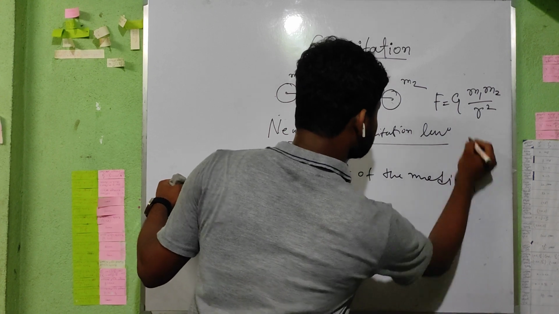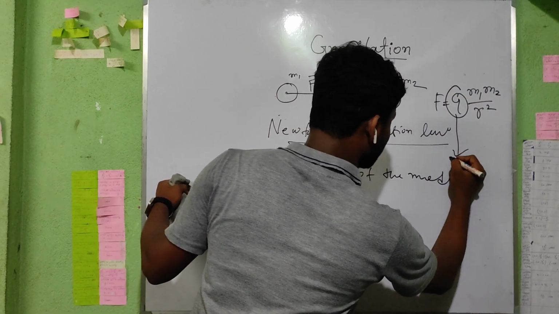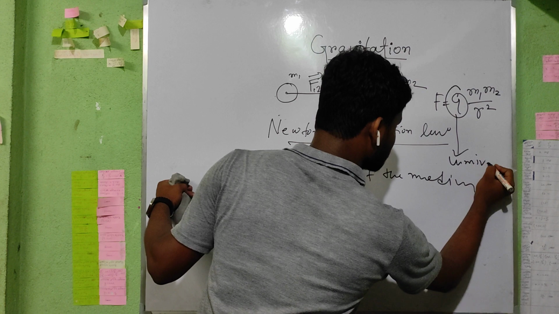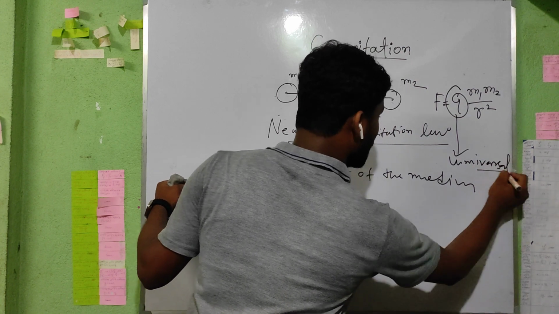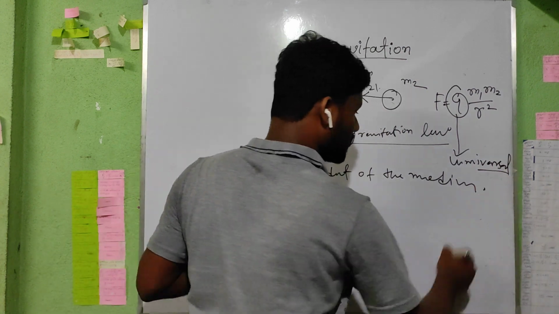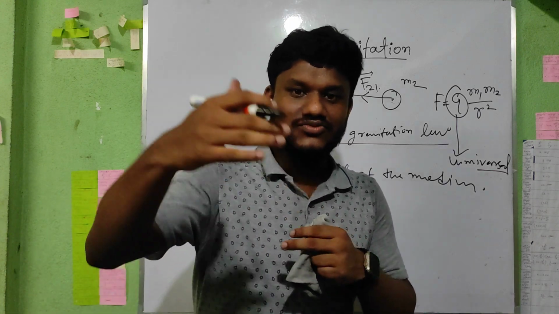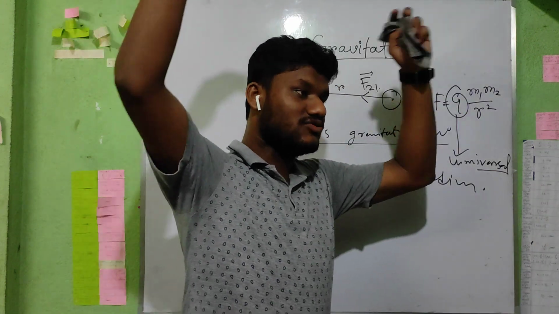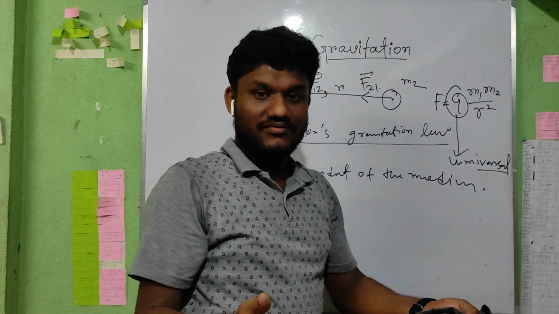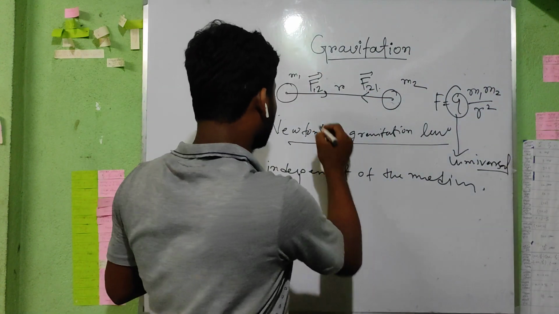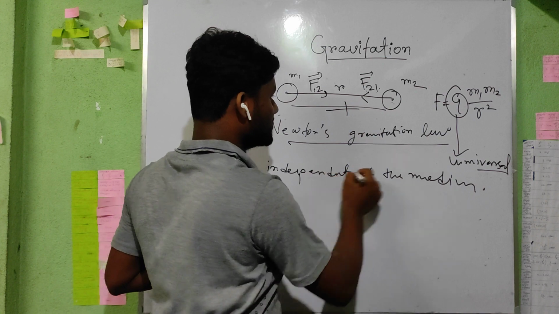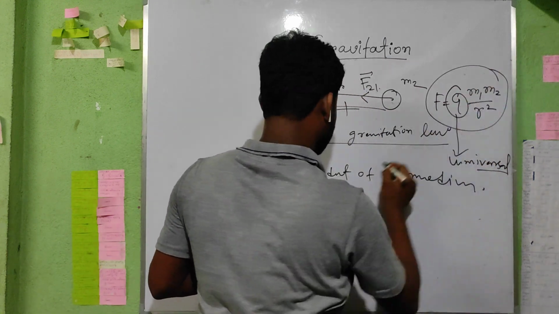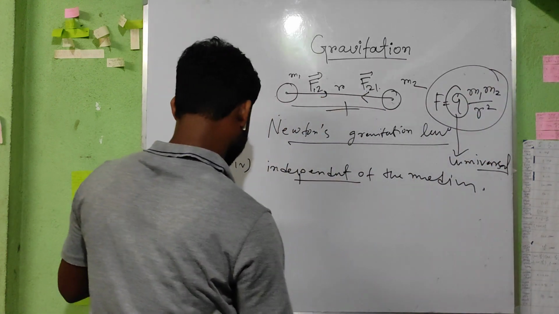That's why this G is called universal. Universal means it applies to all. So if Earth and Moon are attractive, that means if there are 2 stars in the universe, they also follow this rule. So this rule is universal, and does not depend on the medium.